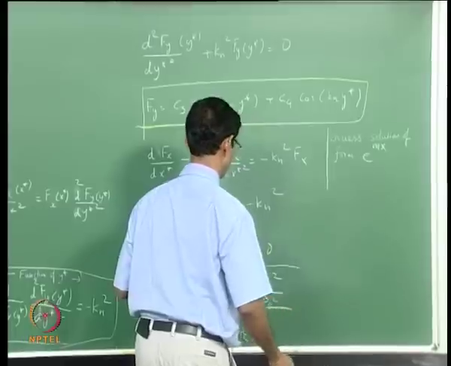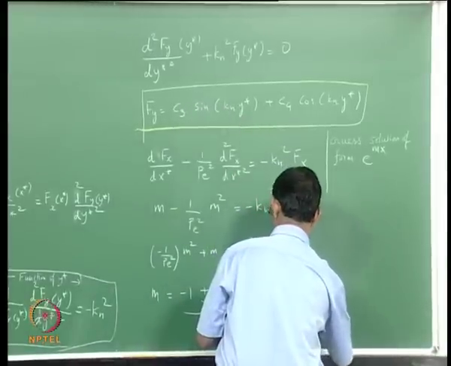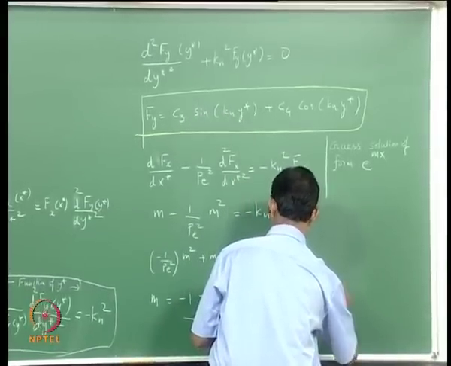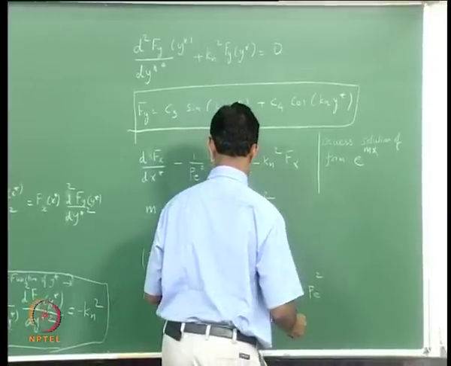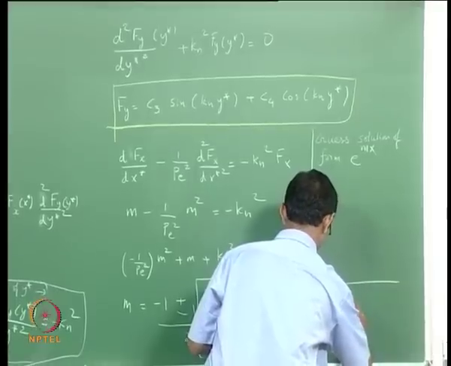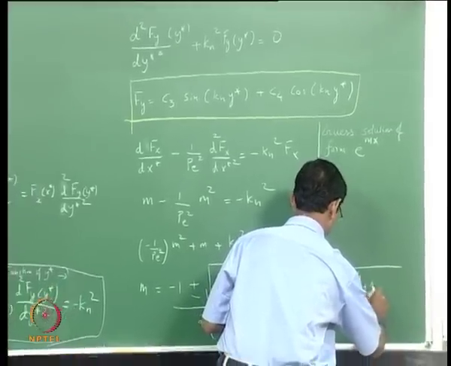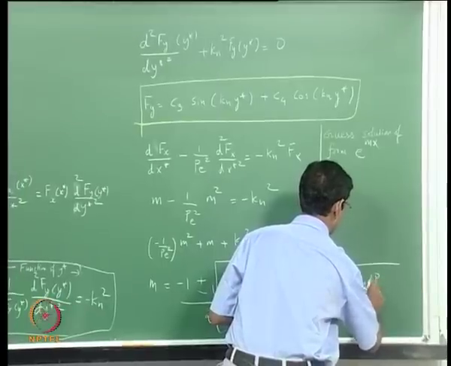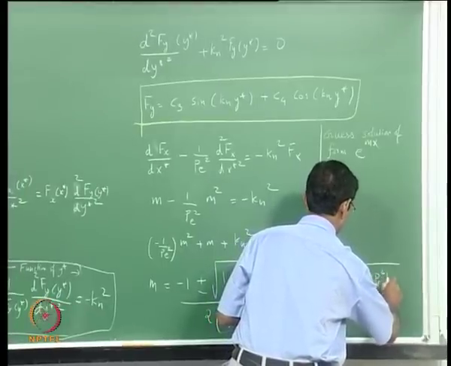We must be able to write this as p squared minus or plus root of p power 4 plus 4 p squared kn squared.